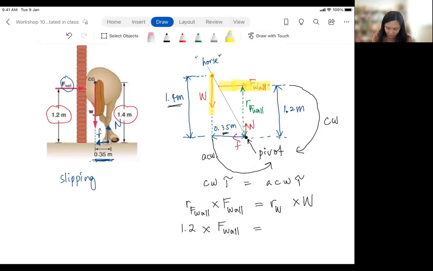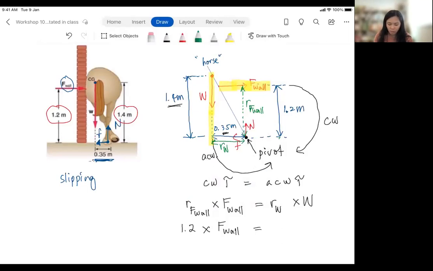If you extend the weight force further down like that, then you can see that the perpendicular distance between the weight force and your chosen pivot point is actually this distance, right? So this will be the moment arm of your weight force, and you can see it's 0.35 meters.